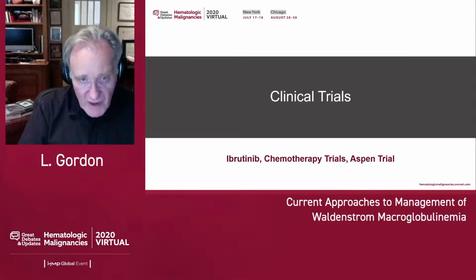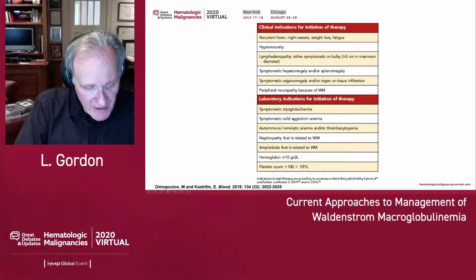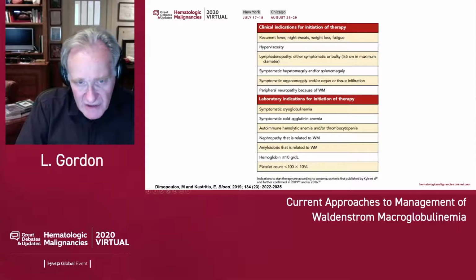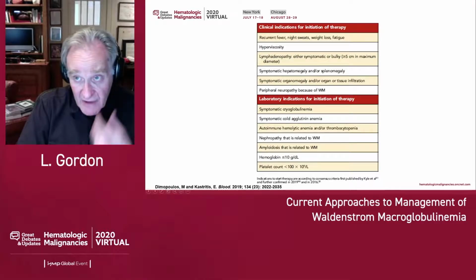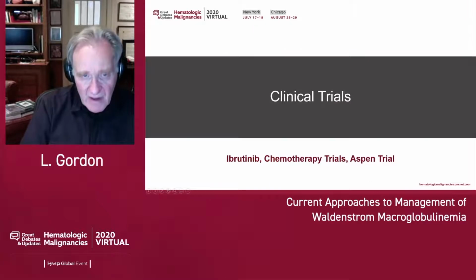So I think we can talk about some clinical indications for initiation of treatment: hyperviscosity, fever, lymphadenopathy, etc. There are some laboratory indications: symptomatic cryoglobulins, cold agglutinins, autoimmune hemolysis, perhaps neuropathy, low hemoglobin, and low platelet count.